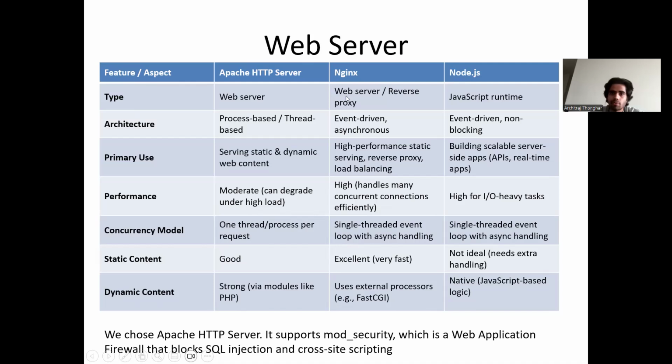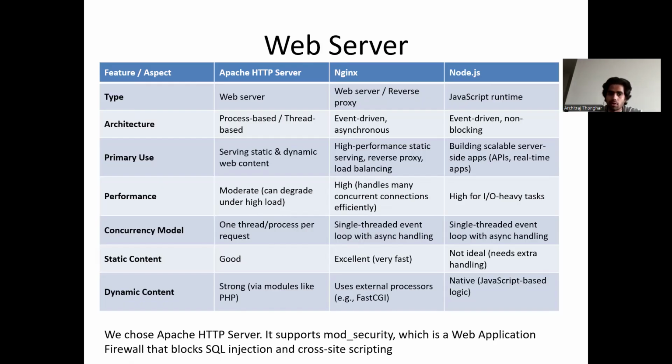Apache is the web server, Nginx is the reverse proxy, and Node.js runs on the JavaScript runtime. The performance is also mostly the same. Apache lags a little bit behind, and can degrade under loads, but it's manageable with some tools which we can use.